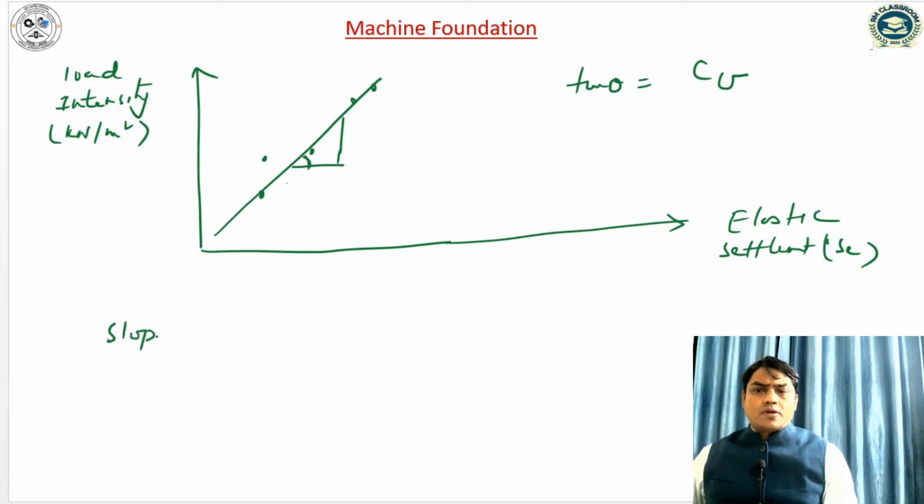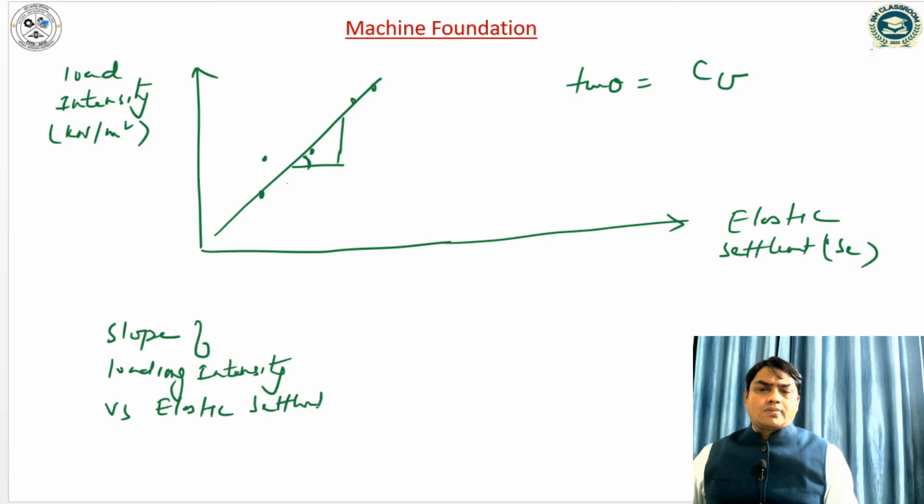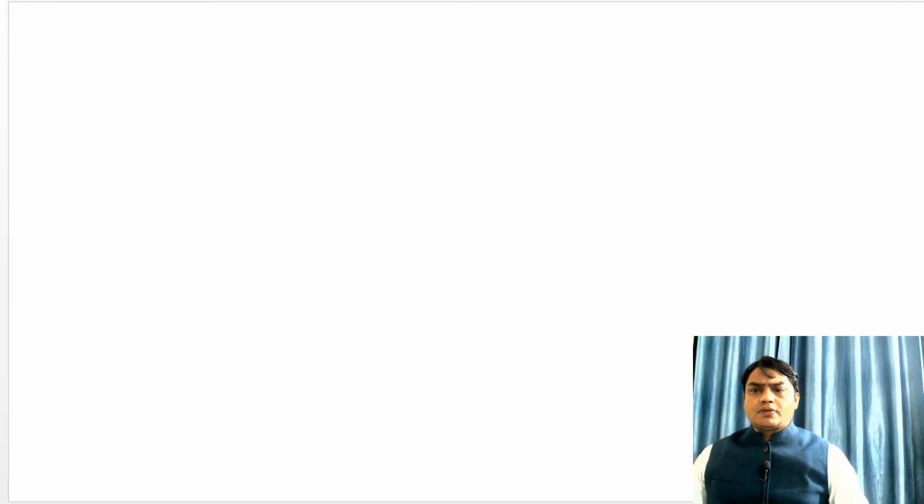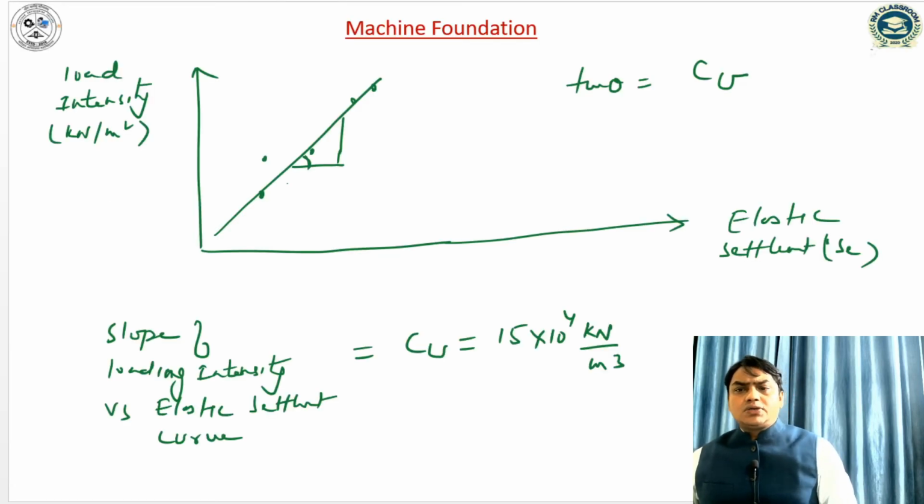So the slope of the loading intensity versus elastic settlement curve is equal to Cu, which is 15 into 10 to the power 4 kilonewton per meter cube.